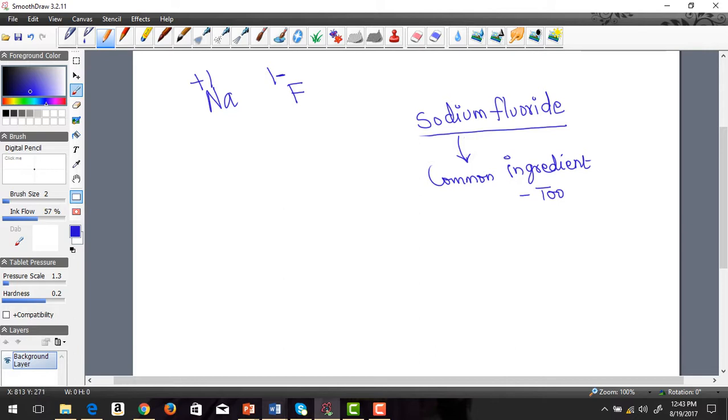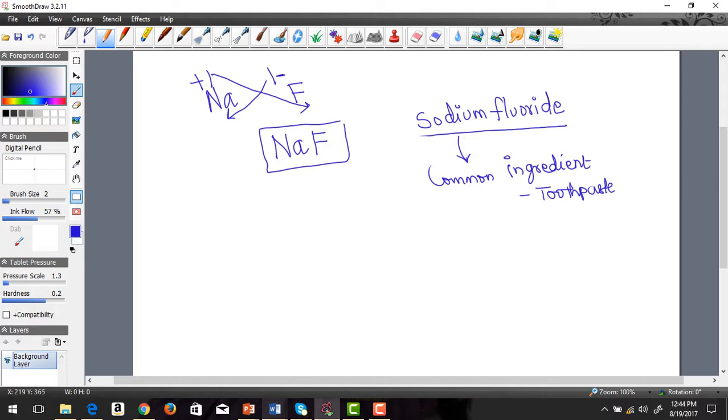Now, if you see sodium fluoride on a toothpaste, to write the formula for it, again, this is just a teaser, all we do is take this one, put it over here, take this one, put it over here. If it is 1 to 1, you don't need to write anything, just leave it be. This is how we end up with the formula for sodium fluoride.